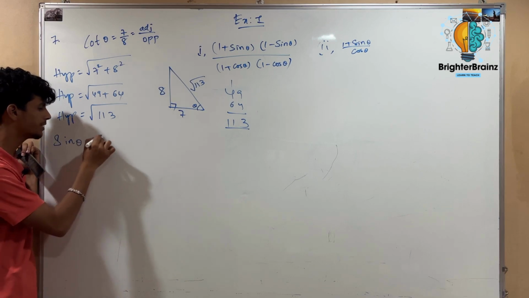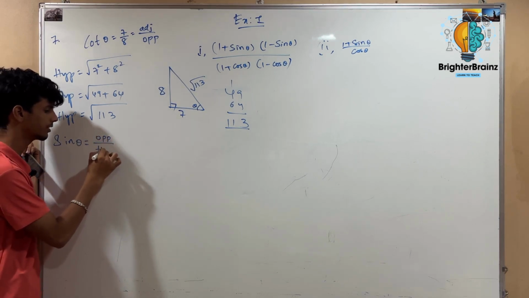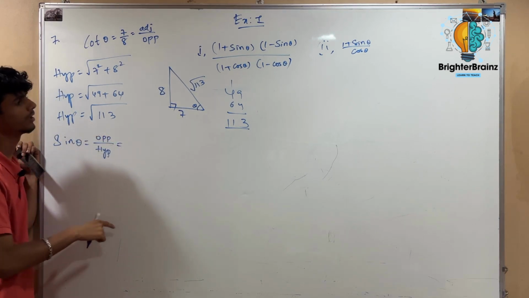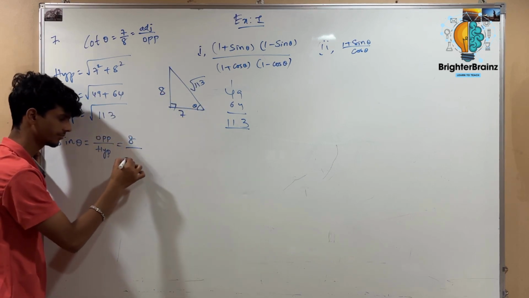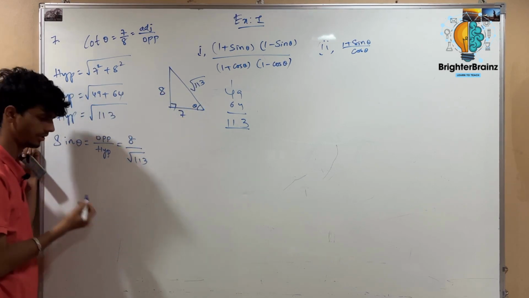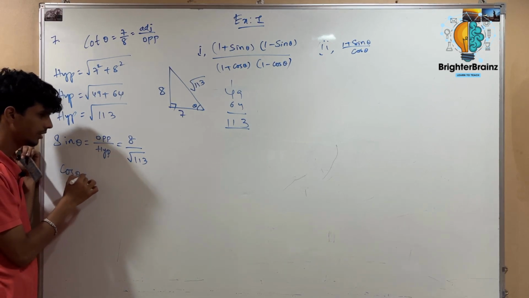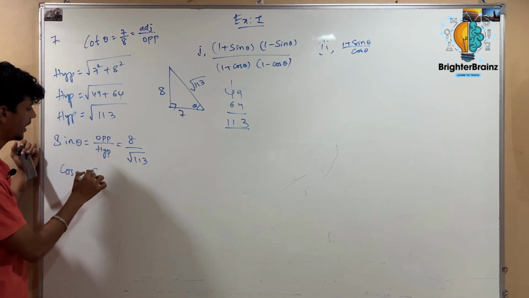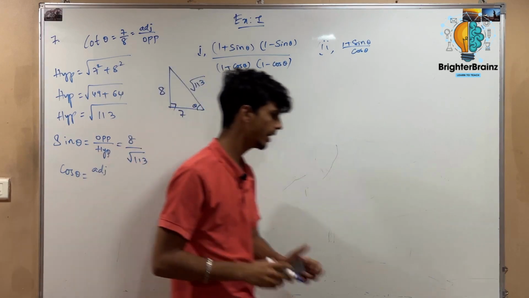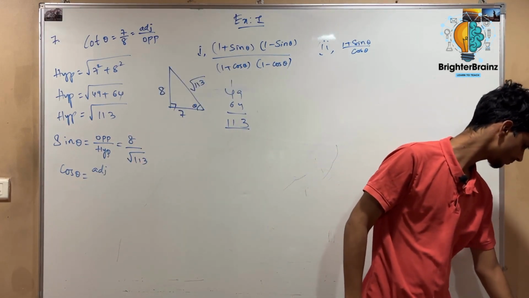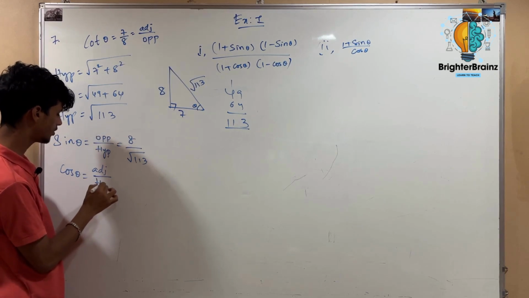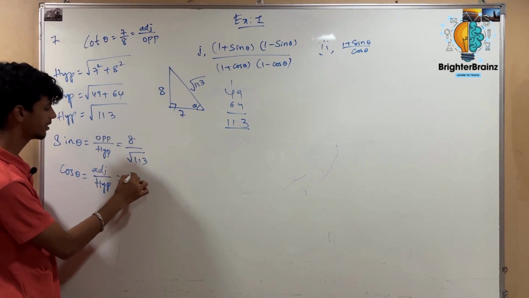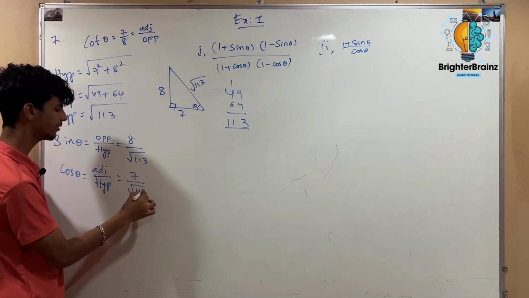Now what is the value of sine theta here? Sine theta is opposite side by hypotenuse. Very good. What is the opposite side? 8. And hypotenuse value? Root over 113. And next cos theta. Cos theta is equal to adjacent side by hypotenuse. What is the value of adjacent side here? 7 by root 113.